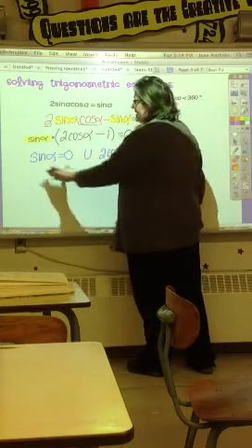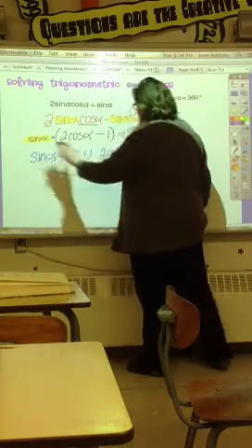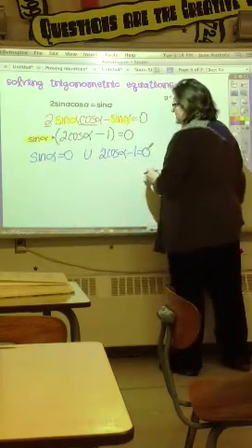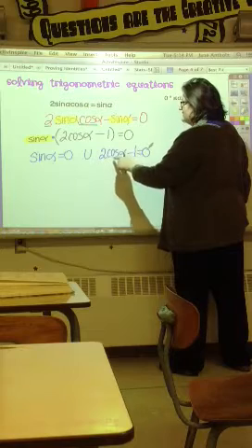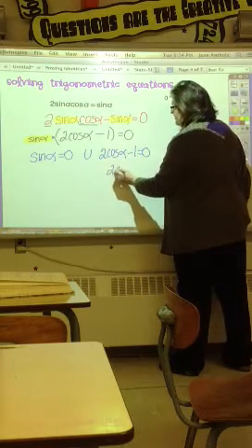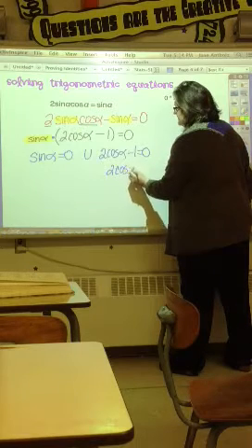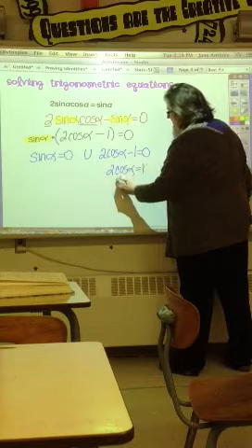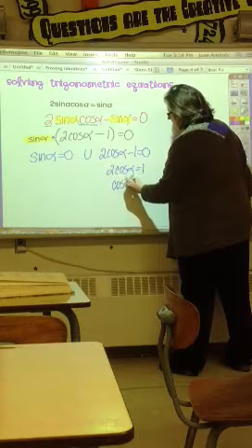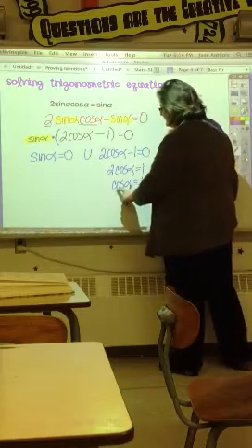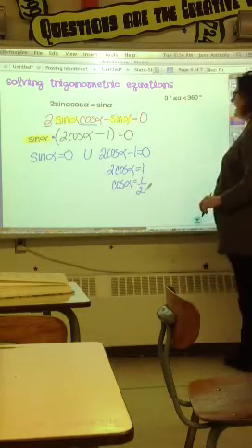And then we simply solve. Well, sine of alpha equals 0. We'll stop with that. It has a coefficient of 1. We'll come back to that in a minute. This one I want to try to solve for cosine of alpha. And so if I add 1 to both sides, and then divide both sides by 2, I can see the cosine of alpha equals 1/2.